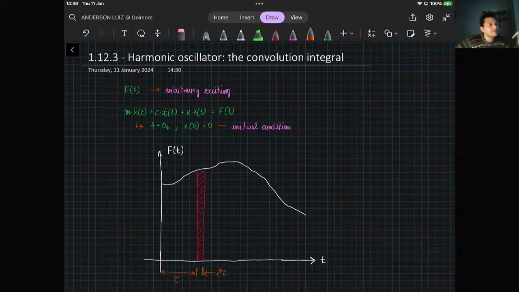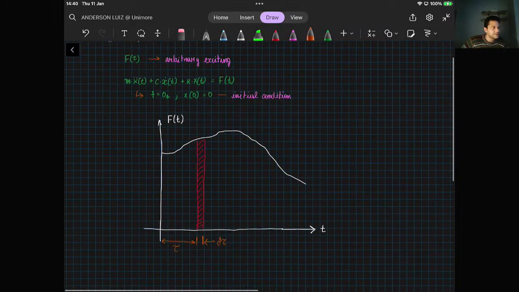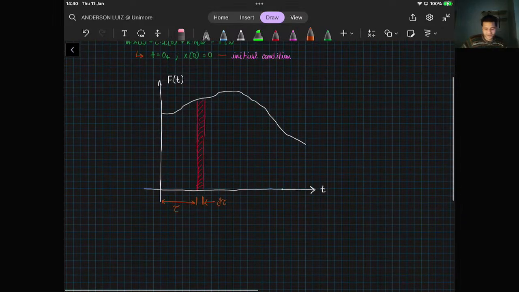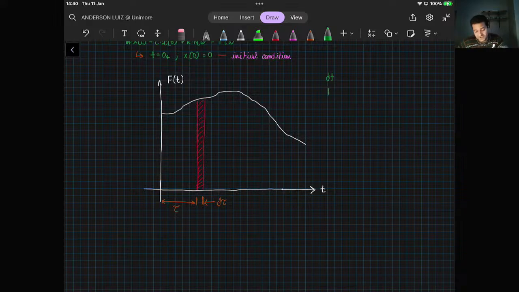Each elementary impulse acts on a time interval d tau, and its mathematical description is df(t, tau) equals delta of t minus tau times f(tau) d tau.